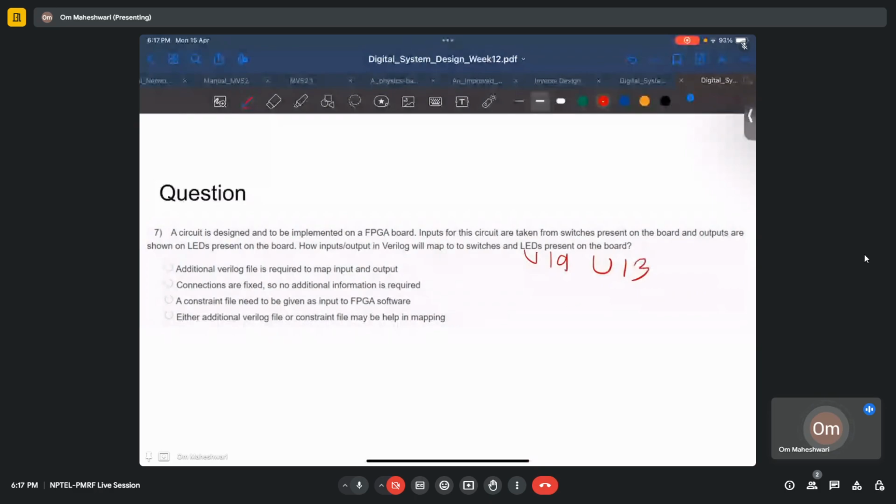So how did we define them? Using constraint file. We use the constraint file to define what pins of the FPGA are to be used by the specific LEDs. So we need constraint file.